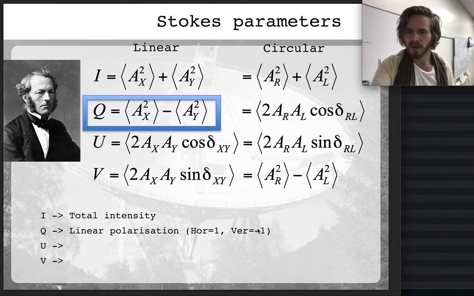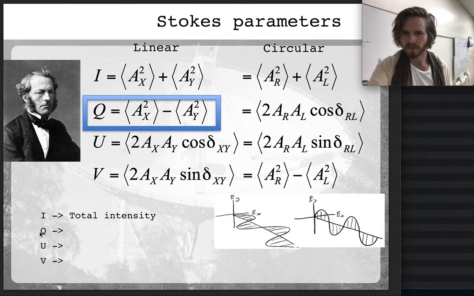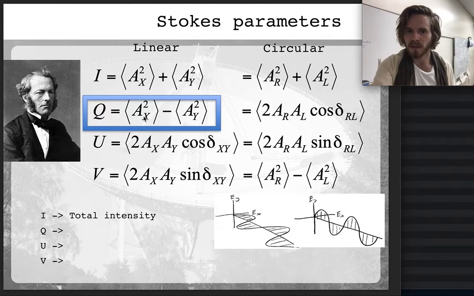Now, if I told you that my Stokes Q parameter is minus 1, and we're only speaking in ones and zeros in this case, it would require that this parameter here would be 0 and this to be 1. That means we have no contribution in the x direction, and all of our electric field oscillations are happening in the y direction.